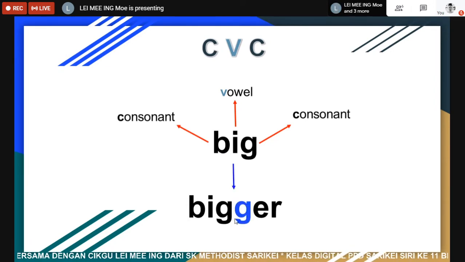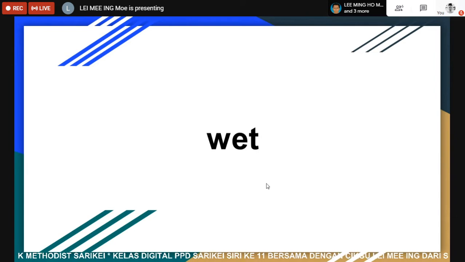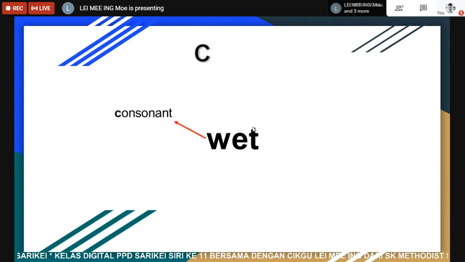So we double the consonant G here and then we add ER. Big becomes bigger. Clear? We have another example here. Wet. So W here is a consonant.